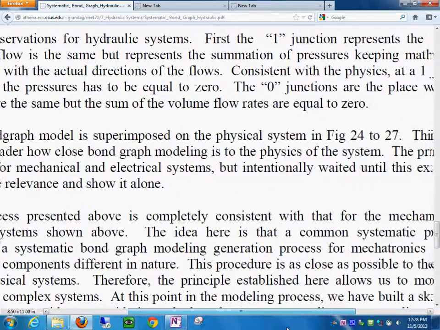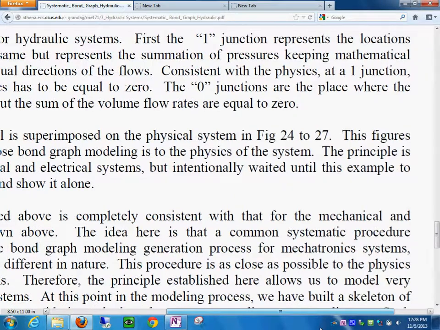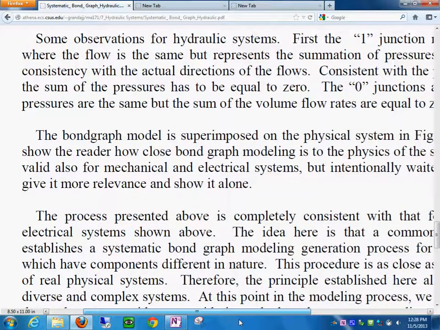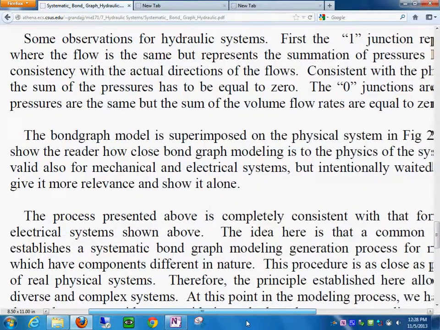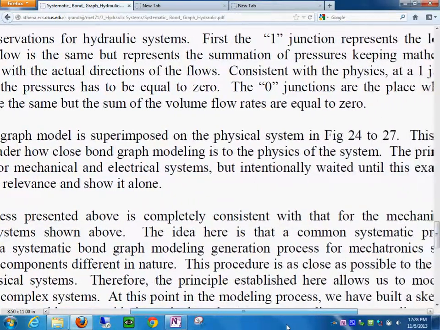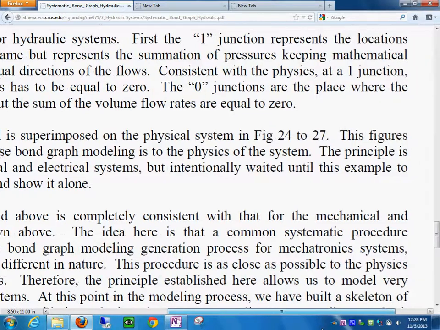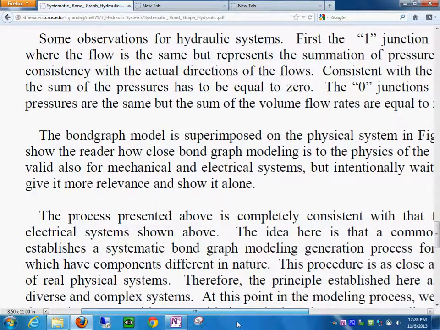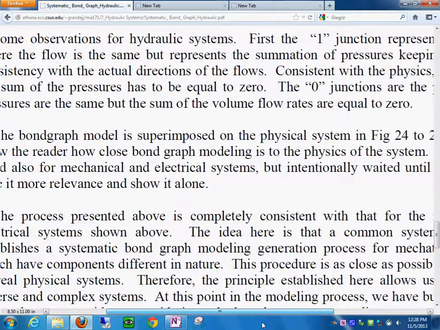Also consistent with the physics at the one junction, the sum of the pressures has to be equal to 0. The 0 junctions are the place where the pressures are the same, but the sum of the volume flow rates would be equal to 0.